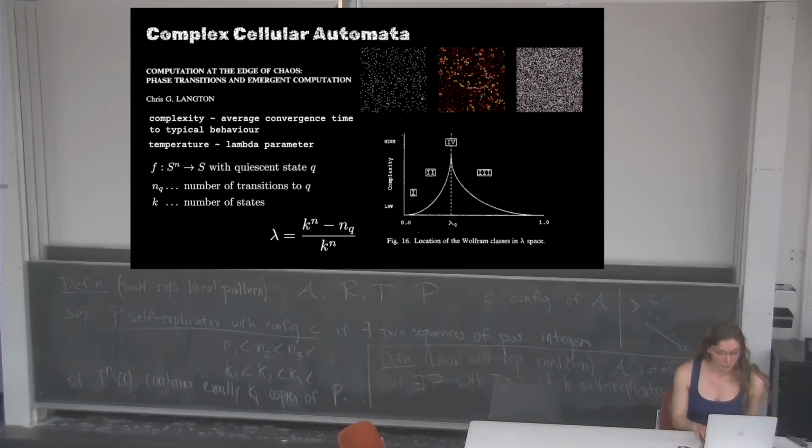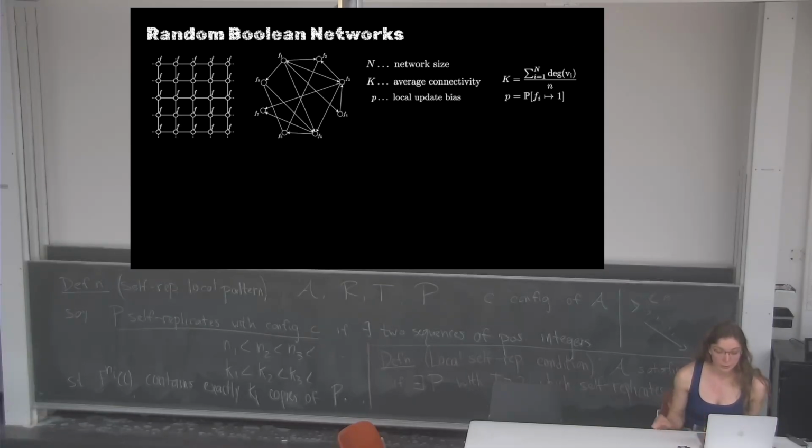But another topic that would have been interesting to cover is that we can study related families of dynamical systems to cellular automata, where exactly such analytical results and identifying critical regions becomes analytically feasible. One family of such systems are called the random Boolean networks.